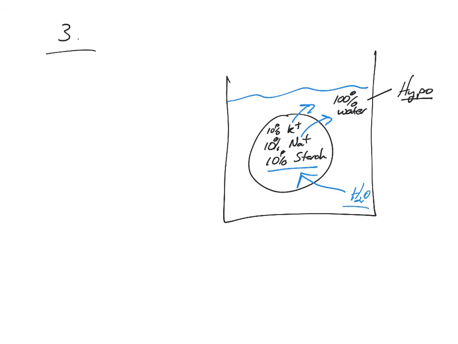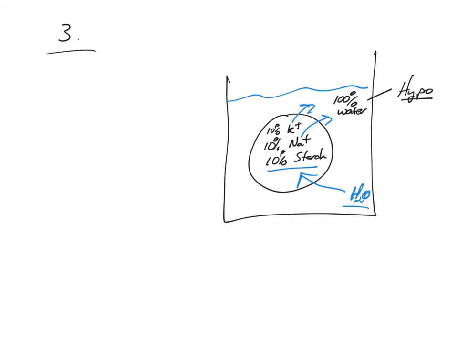Do I have to worry about the other two? No, because they will move on their own. The potassium and sodium will move on their own. The one that water will move to try to equilibrate is the starch. Does that make sense? So 10% will become very, very small. It can never get to 0. It can never get to pure water, right? But it's going to try to get as close to equilibrium as it possibly can.